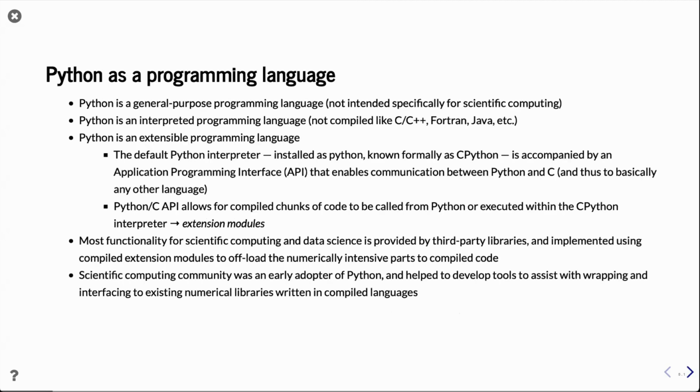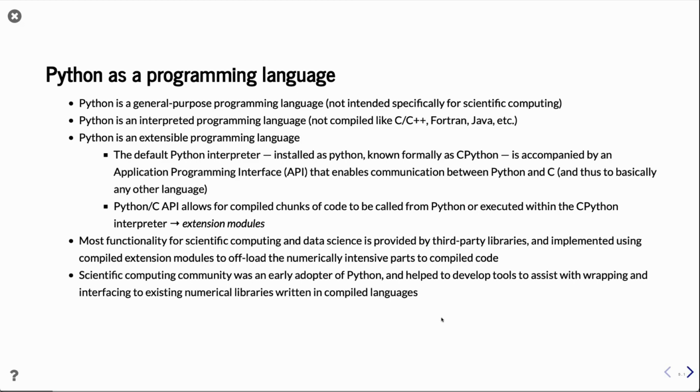I just want to briefly summarize some of the features of Python as a programming language. I talked about this more in my last introductory lecture, but it's relevant for what we're going to be discussing here today. So Python is a general purpose programming language. Unlike some other languages you might have used for scientific computing, it wasn't originally developed specifically for scientific computing.